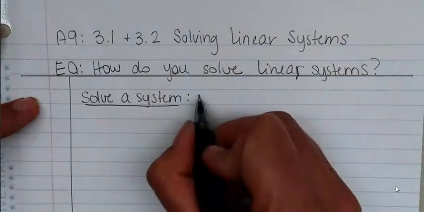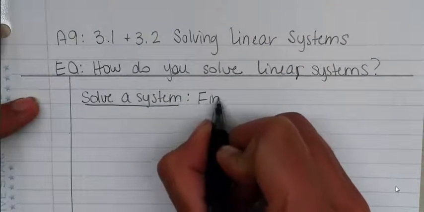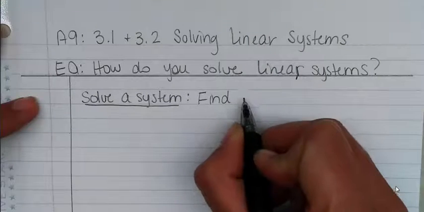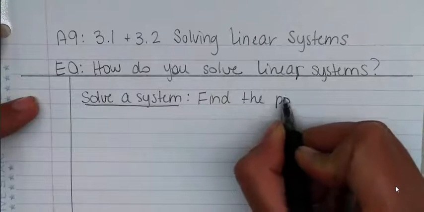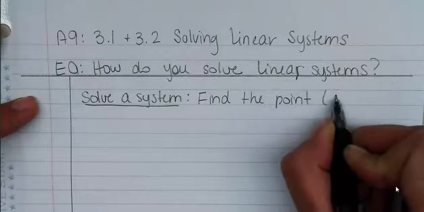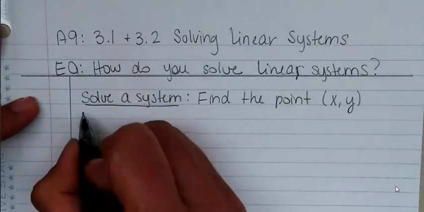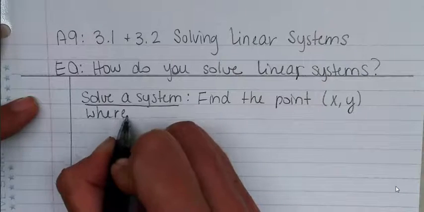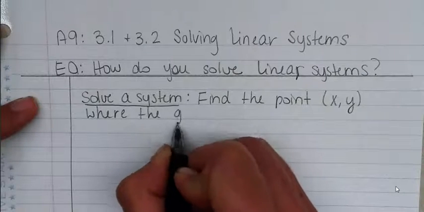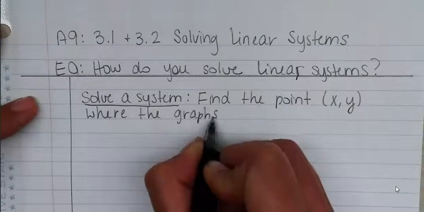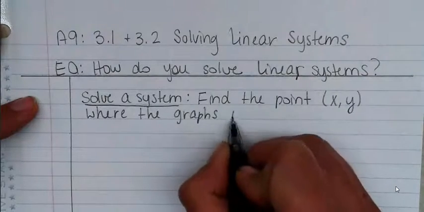This is basically where you are going to find the point, and a point is made up of an x-coordinate and a y-coordinate, where the graphs intersect.